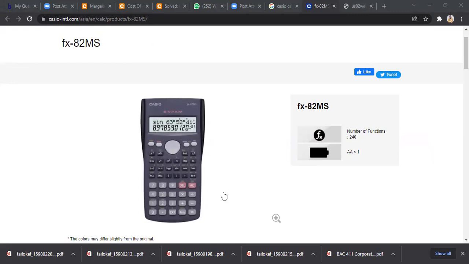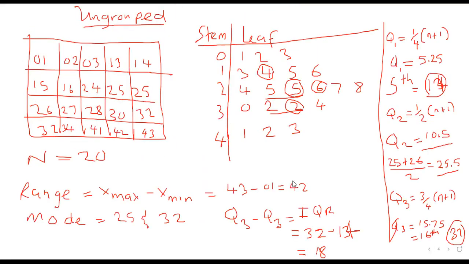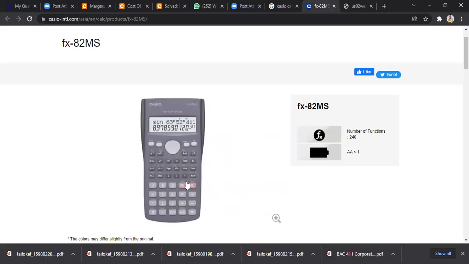Okay. So you enter the data. Let's start entering the data as follows. The data here, we have 0, 1. So you press 0 1, M plus. M plus is here, at the corner. So 01 M plus, 02 M plus, 03 M plus.